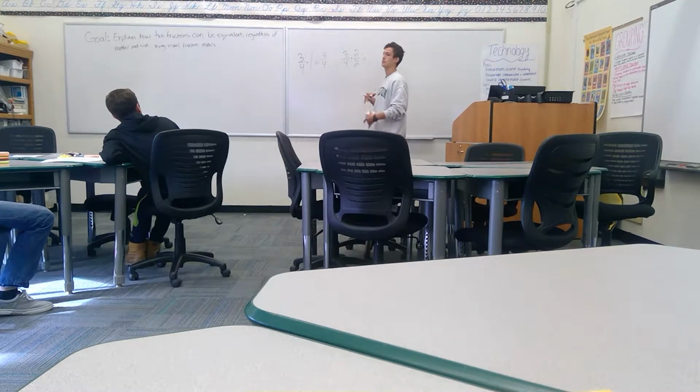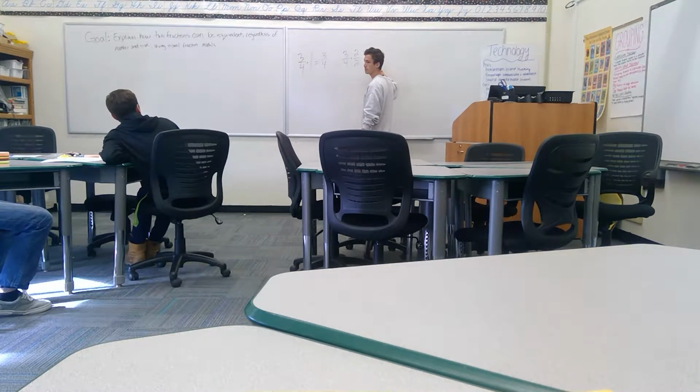It just doubles, right? Exactly. So we got 6, and then what do we have on the bottom? 8. Okay, cool. And then, anyone just want to simplify that real quick for us? 3/4. Cool. Wow, look at that. All the way back here.